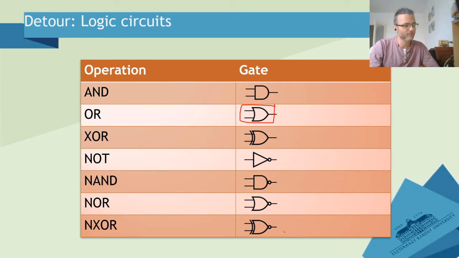For example, it's easy to remember: if you have a bubble in front of the gate, it's negated, like NAND or NOR or NXOR. Actually, NXOR is really important because it represents equivalence. You know, equivalence is the same as a negated XOR.